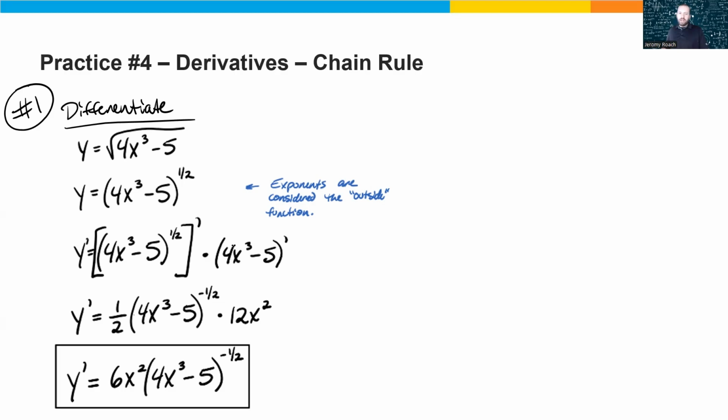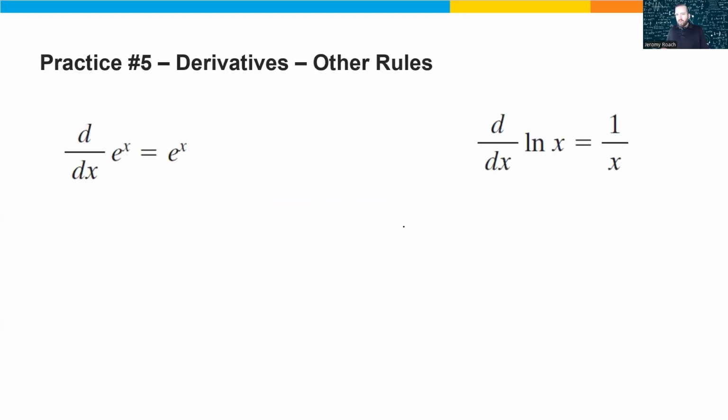We're bringing this 3 down, and then we're going to subtract 1 from the exponent, and we get 2 for our exponent. So this becomes 12x squared. And we really can't do much more with this. We can only multiply the 12x squared by the outside. We could think of it as the coefficient of the binomial term, and you get 6x squared times the quantity 4x cubed minus 5, all to the power of negative 1/2. So that's how you do the chain rule.